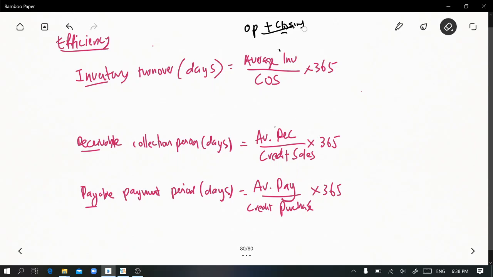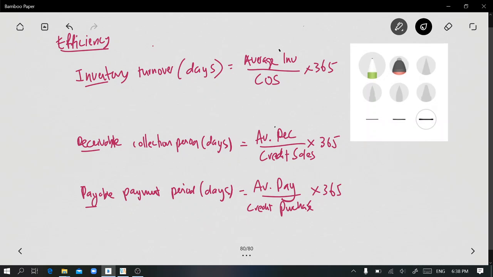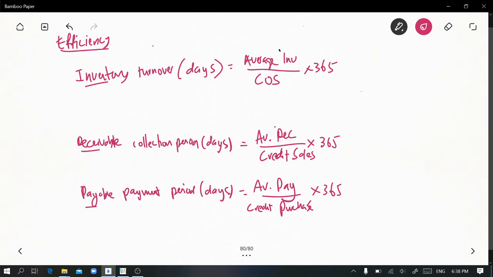Okay, so if it's in times, inventory turnover in times, it will be the other way around, cost of sales divided by average inventory. Okay, this is in number of times.